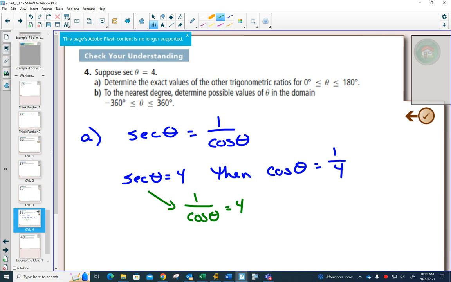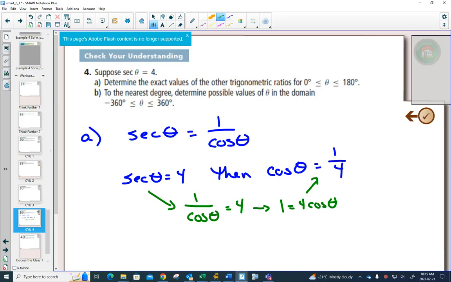Then I would do algebra to get cos by itself. Since cos is on the bottom, I would multiply both sides by cos theta. Then to get cos theta by itself, I would divide both sides by 4, and I would get cos of theta is 1 over 4.